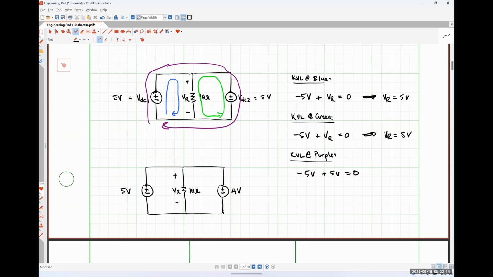So could we construct a circuit like this on a physical breadboard? Absolutely. There is nothing whatsoever stopping me from connecting two batteries in parallel that don't have the same voltage drop across them. What do you think is going to happen in practice?